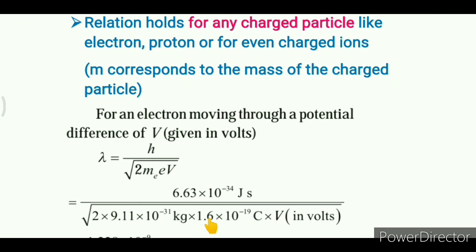And now we can determine the wavelength of the moving electron. Here we consider the constant values of h, which is 6.63 into 10 raised to minus 34 joule second, upon square root of 2 into m_e, the mass of the electron, which is 9.11 into 10 raised to minus 31 kilogram, into the charge of the electron, which is 1.6 into 10 raised to minus 19 coulomb, into V, which must be considered in volts.